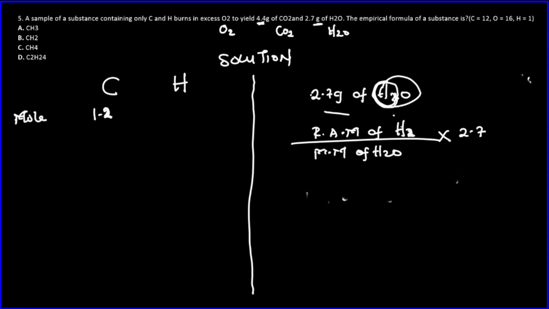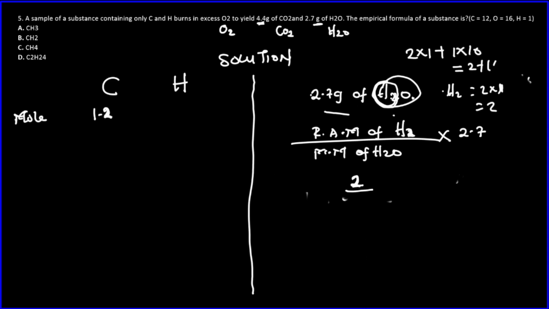So here we have 2 times the relative atomic mass, which is 1, that's 2. So 2 divided by the molar mass of H2O, also the relative molecular mass. How do you find it? 2 times the relative atomic mass of hydrogen, plus 1 times the relative atomic mass of oxygen, which is 16.